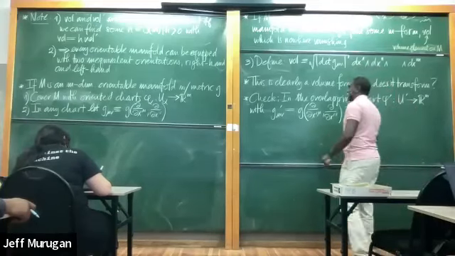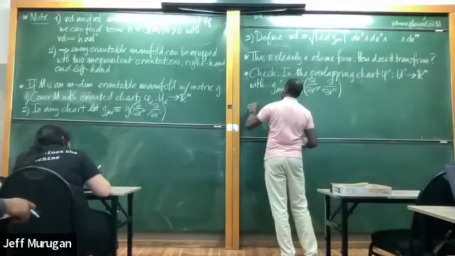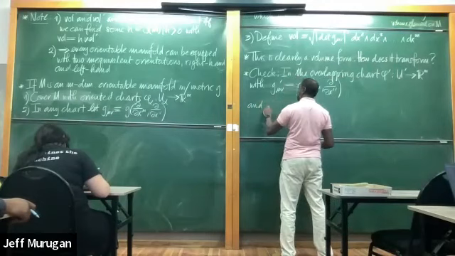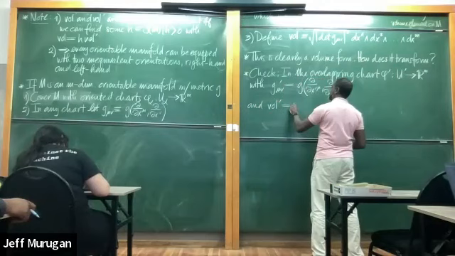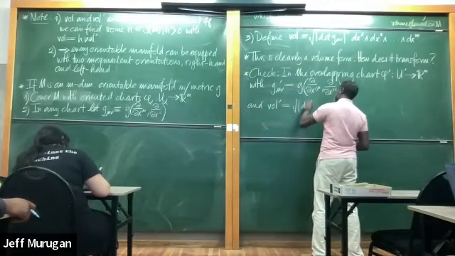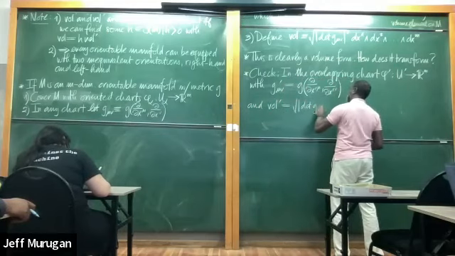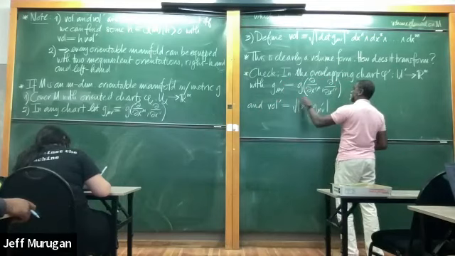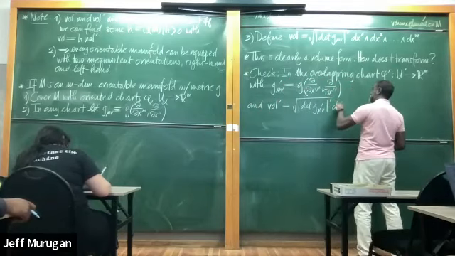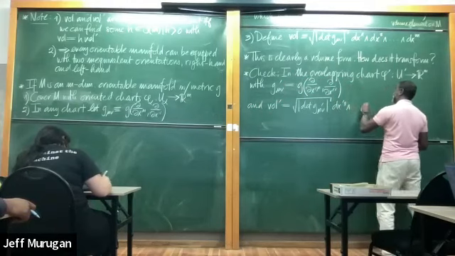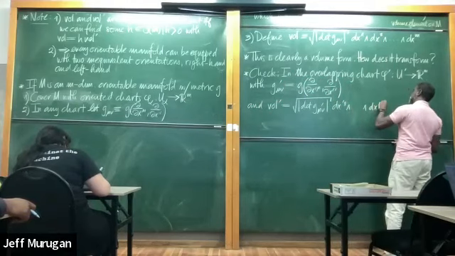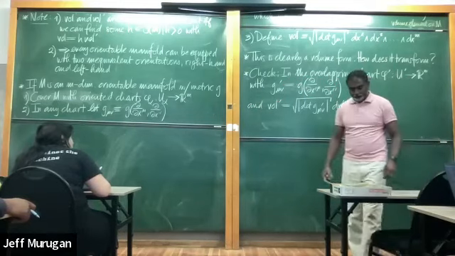Then the volume form in these new coordinates is vol prime, and this is the square root of the modulus of the determinant of G mu prime, dx prime 1 through dx prime m.